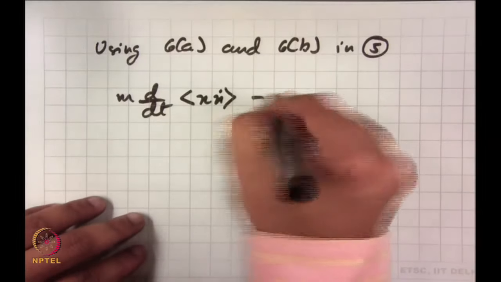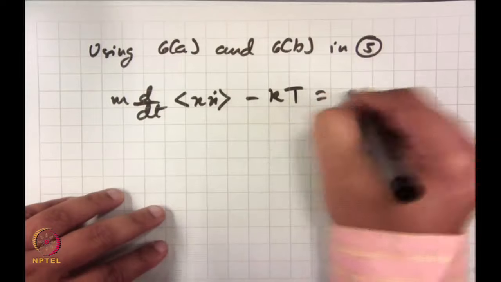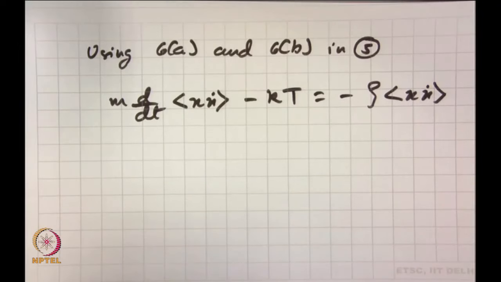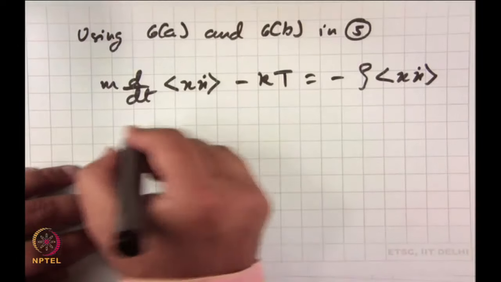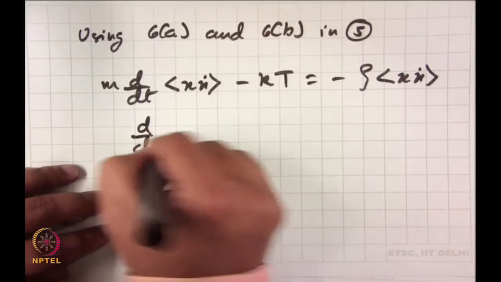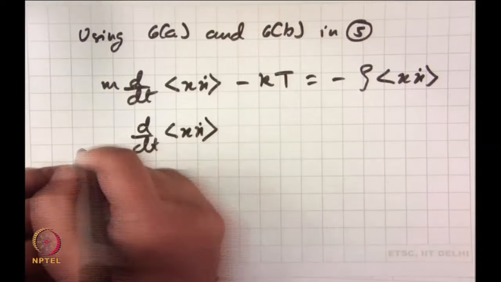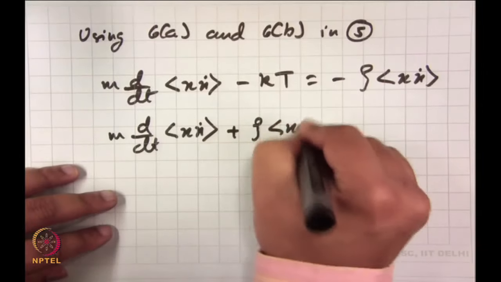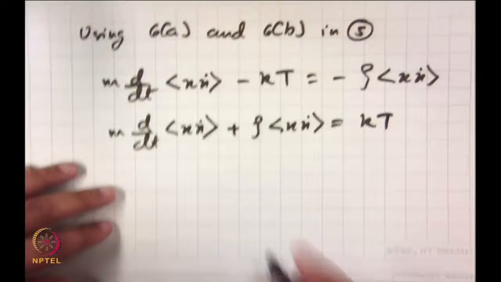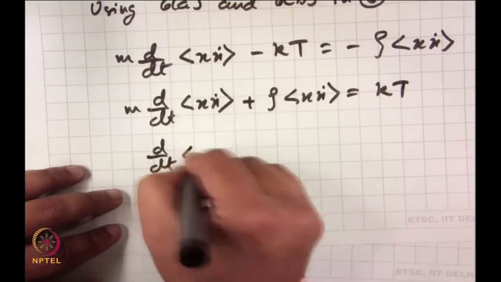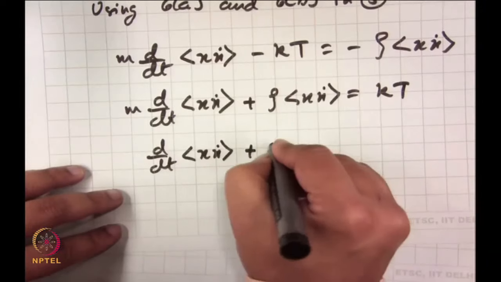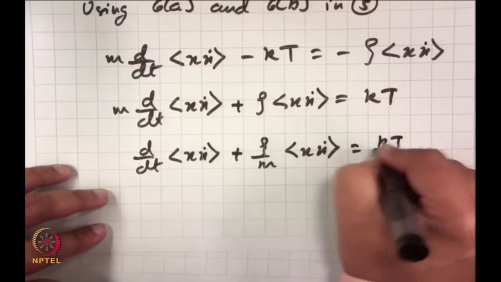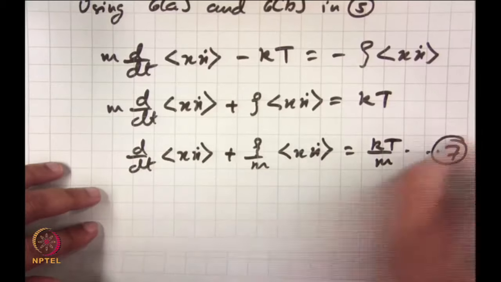So, this would be equal to minus k t, should be equal to minus xi x x dot, okay, or for the simplification gives me d of dt x x dot m plus xi x x dot is equal to k t, or d of dt x x dot plus xi by m x x dot is equal to k t over m, and this is equation number 7.